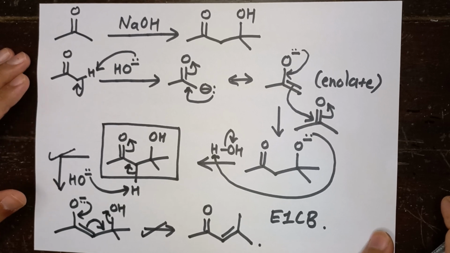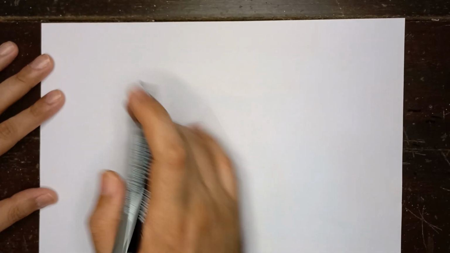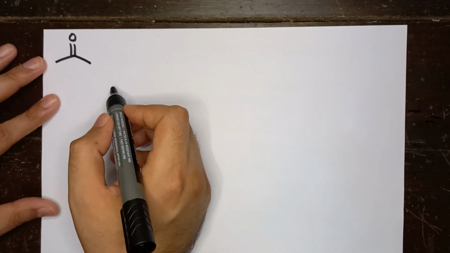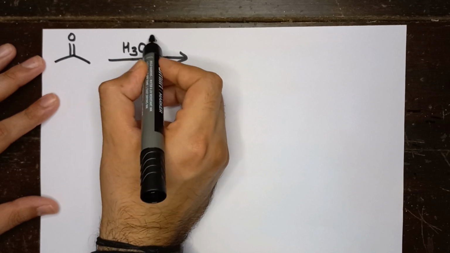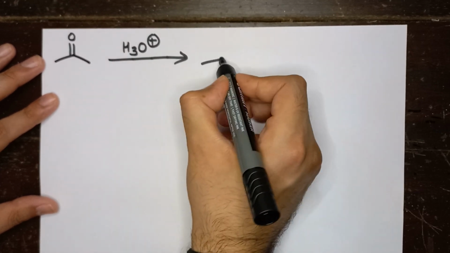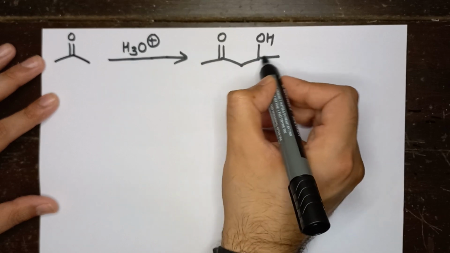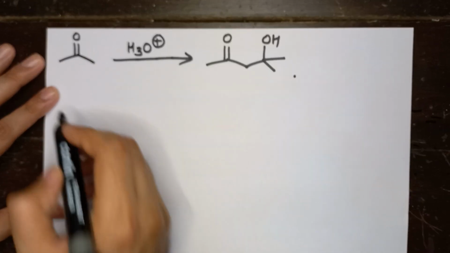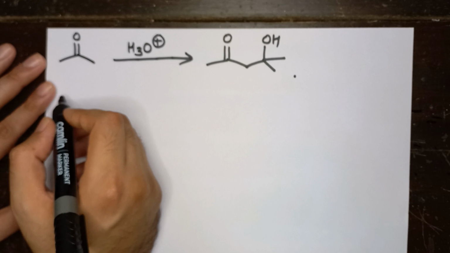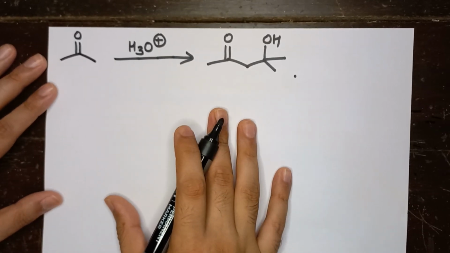Now let's see the reaction under acidic medium. Okay, so we have acetone, and we are giving a mild acidic medium by using hydronium ion, and we are generating the aldol product. So this is an aldol addition product. Let's see the mechanism. Make sure you pause the video and give it a try to predict the mechanism for this reaction.